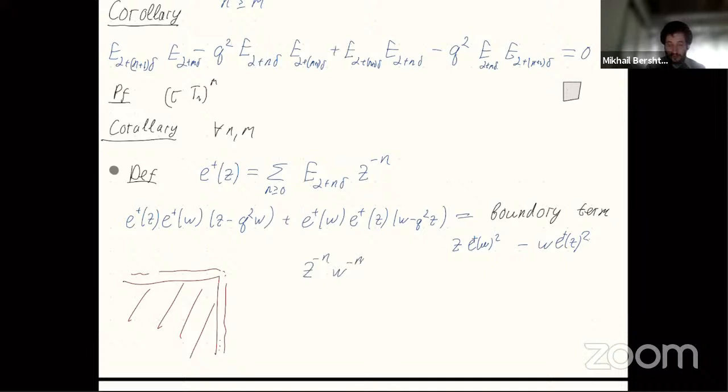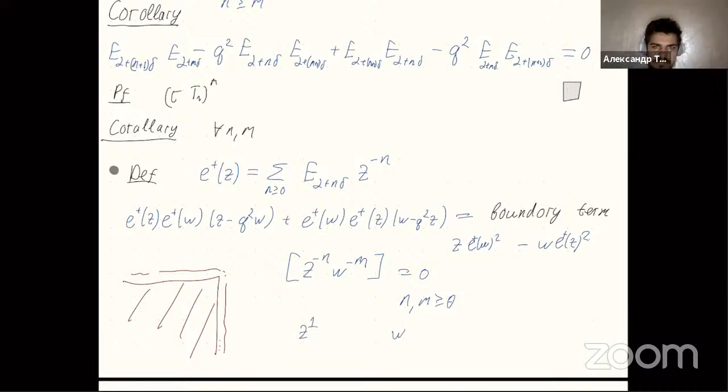The only coefficients which remain are those where we have Z to the power 1 or W to the power 1, and this is actually written here. In this sense, this is a boundary. So this is no longer a commutation relation. We now have a current with one variable.